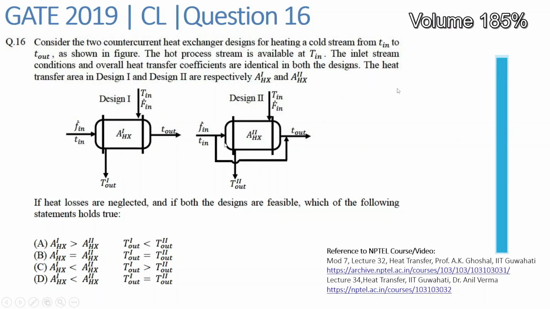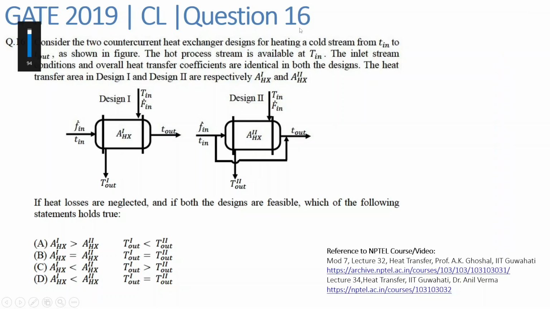Hello everyone. We will be solving question 16 of GATE Chemical Engineering 2019 paper from the subject of heat transfer. So the question is, consider the two countercurrent heat exchanger designs for heating a cold stream from T in to T out as shown in figure. The hot process stream is available at capital T in. The inlet stream conditions and overall heat transfer coefficients are identical in both the designs.